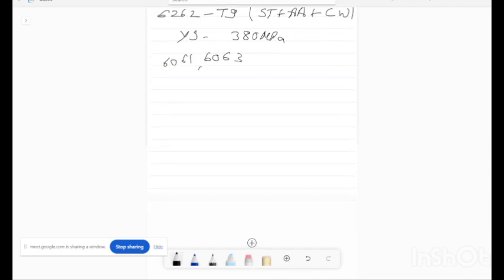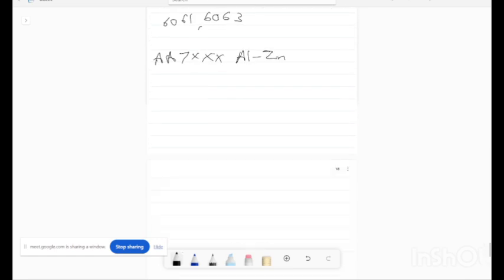Next is the 7000 series alloy, means aluminium alloy 7000 series, which is aluminium zinc system. In the aluminium zinc system, some amount of magnesium is also present in the alloy.